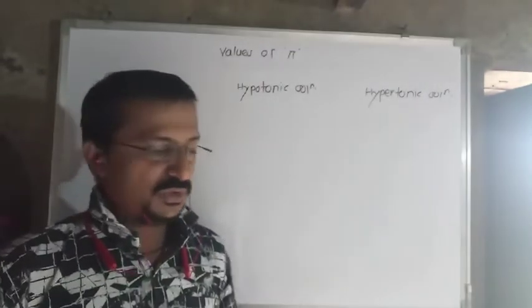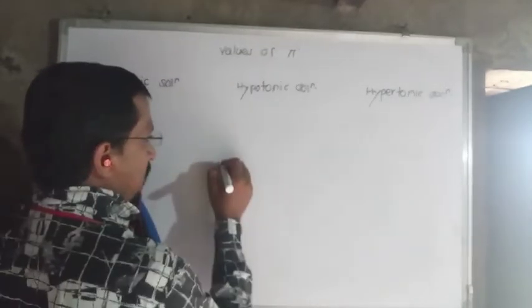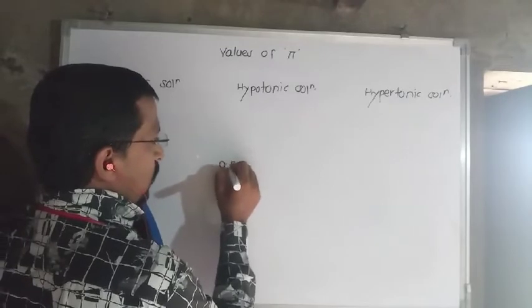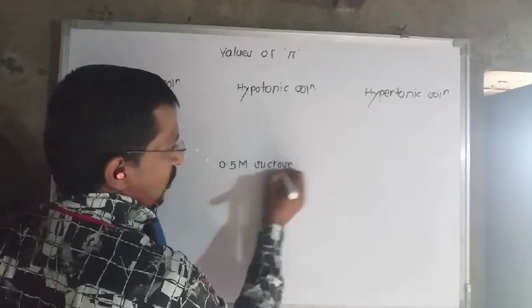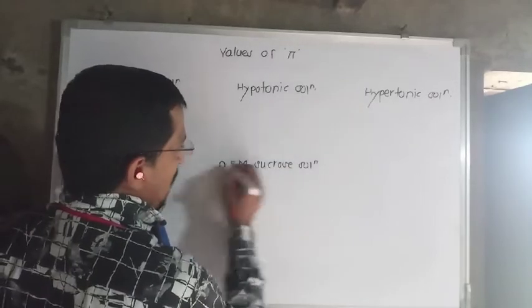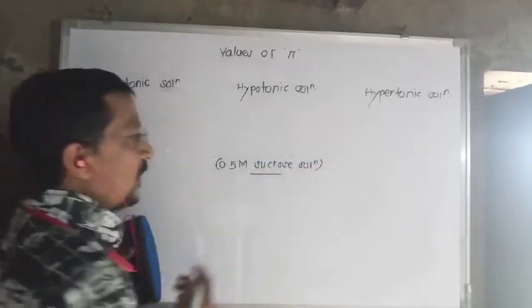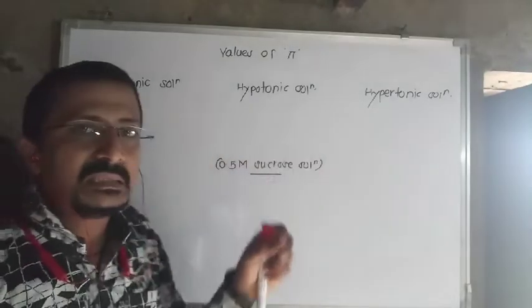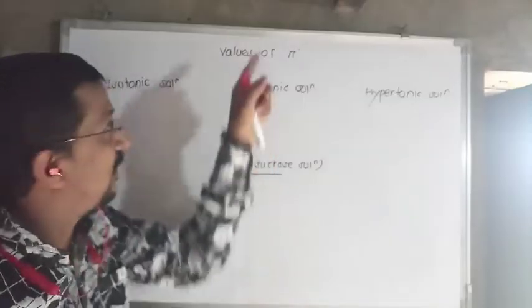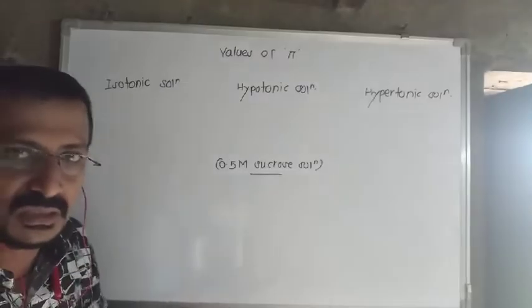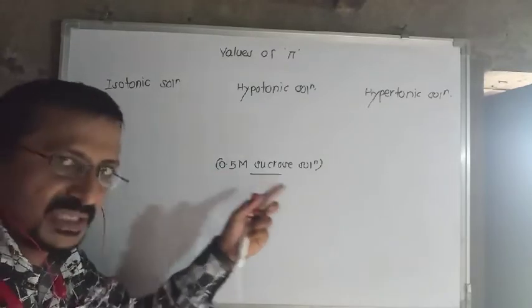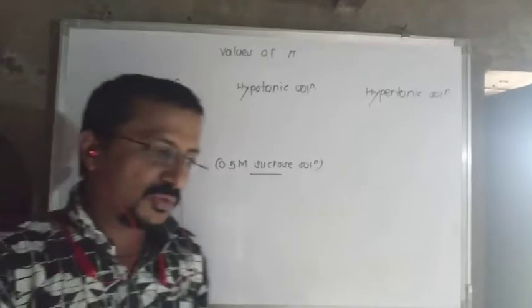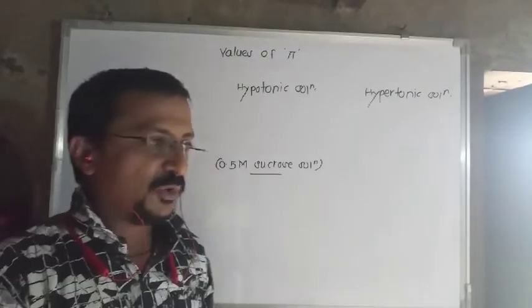So depending upon the values of osmotic pressure pi, solutions are classified into three classes, that is isotonic, hypotonic and hypertonic solutions. If I take 0.5 molar sucrose solution and I want to classify it into these three classes depending upon the values of osmotic pressure, it is not possible to simply classify it as isotonic, hypotonic or hypertonic.